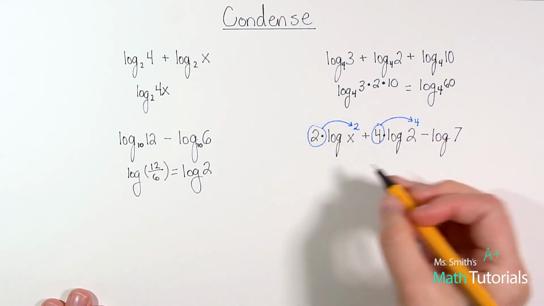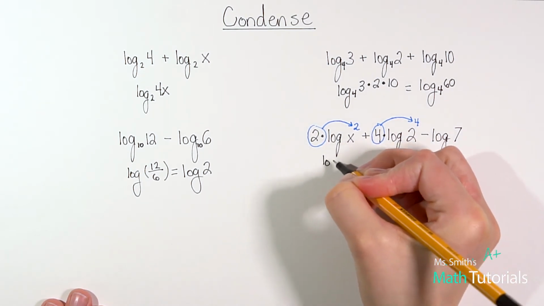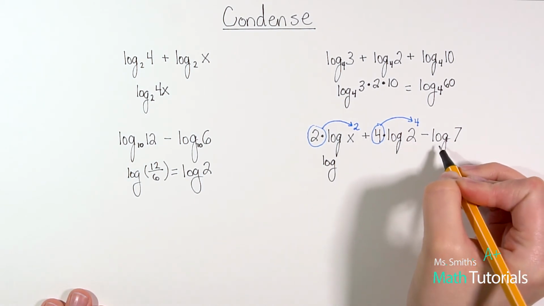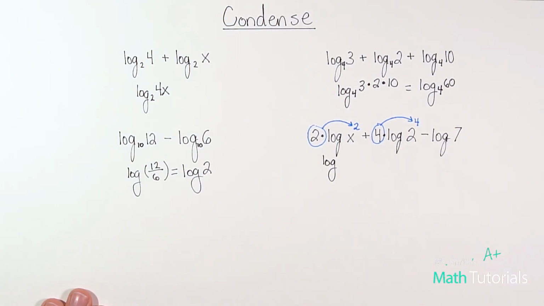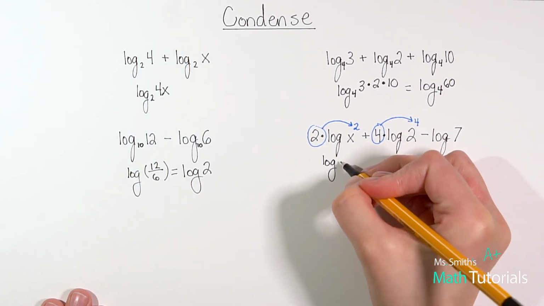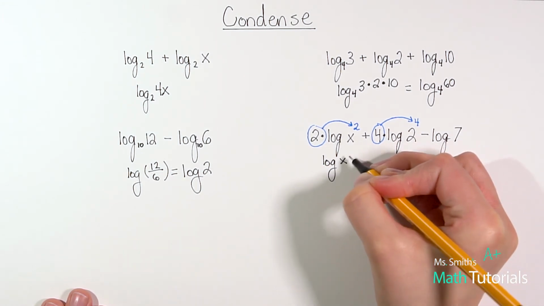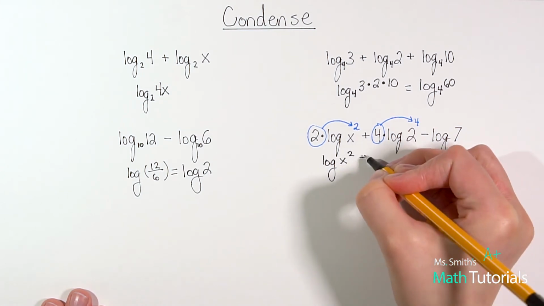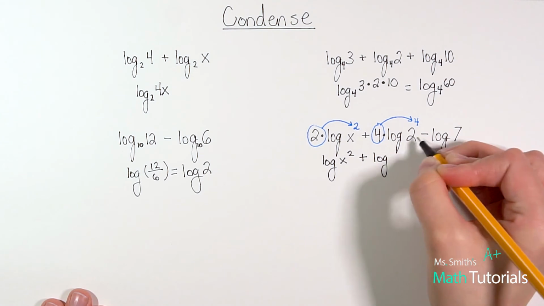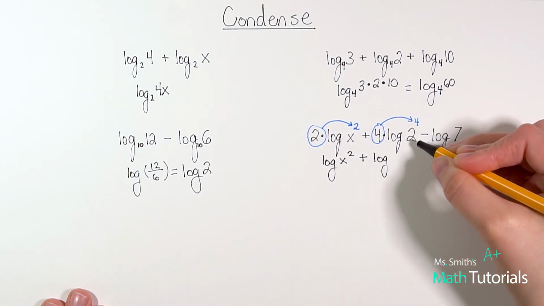So let's go ahead and just rewrite that to kind of clean this up. So we've got log. Notice I didn't have a base here. That's okay. My base is just going to be 10, right? And I'm not going to write 10 because we've already kind of talked through that. So log of x squared plus log of 2 to the 4th. Now, we could go ahead and reduce that, right?